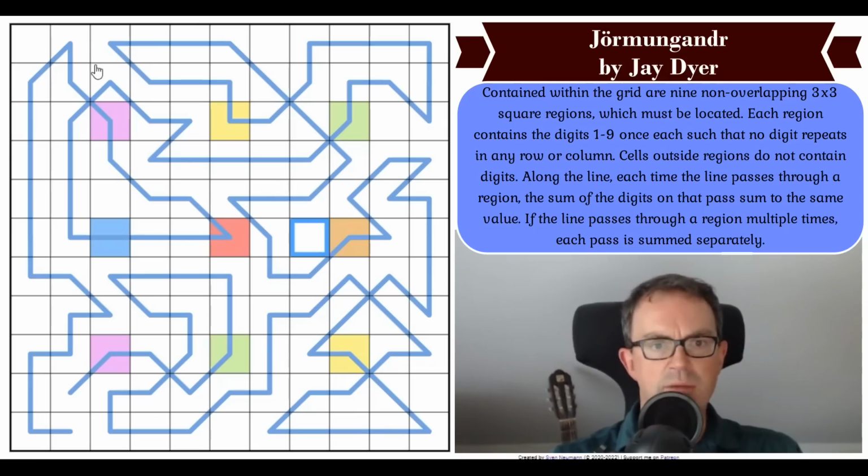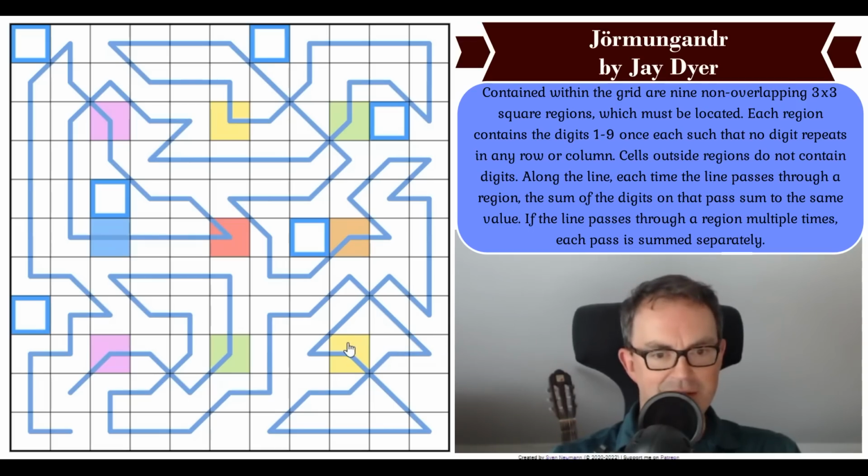Let me just highlight all the cells that are not on this line. So those 2 are not on the line. That one, I think. That one. Gosh, this is like scanning Sudoku digits. It's very difficult to be sure you're actually seeing them all, because this line just plays with your head.